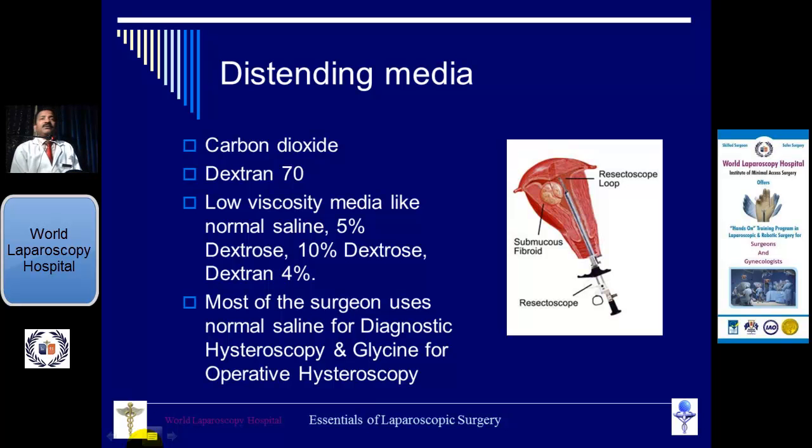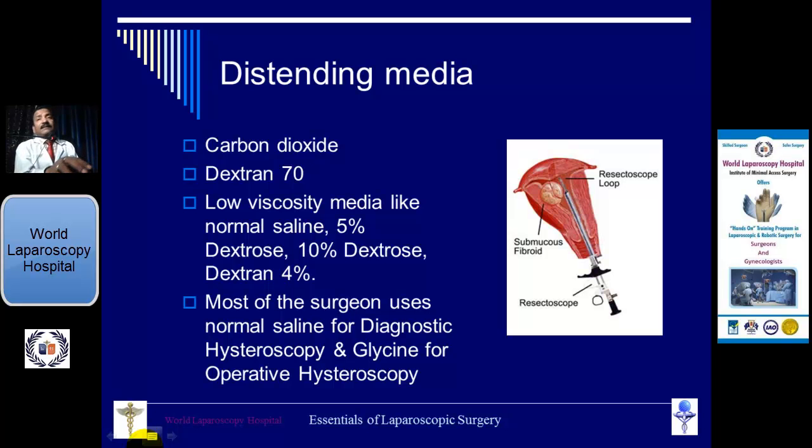Dextrose can be used, but the problem of dextrose is two. One problem, dextrose doesn't stop clotting. Clot of the blood will occur even in the dextrose. Another problem is sometimes the dextrose which has been introduced into the abdomen through the fimbria may collect in the cul-de-sac, and it may be a potential risk for PID, because carbohydrate is a good culture medium for bacteria to grow.